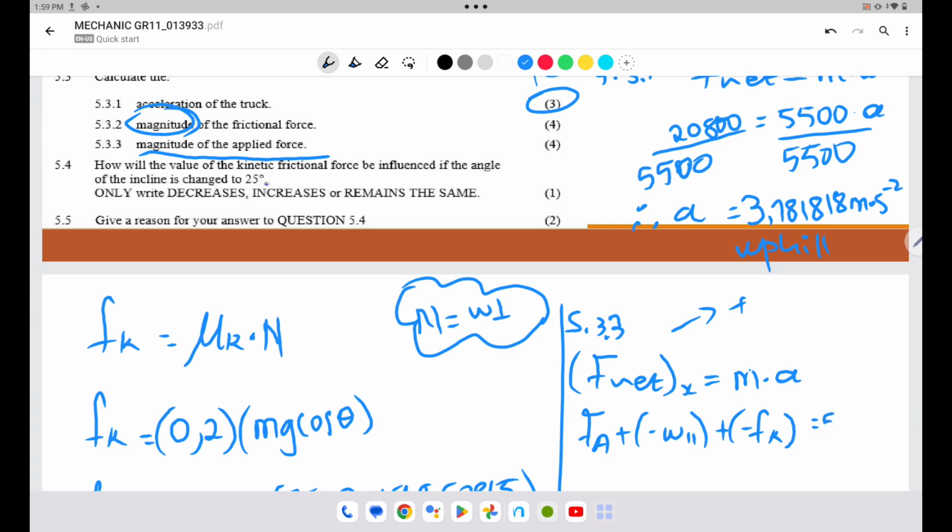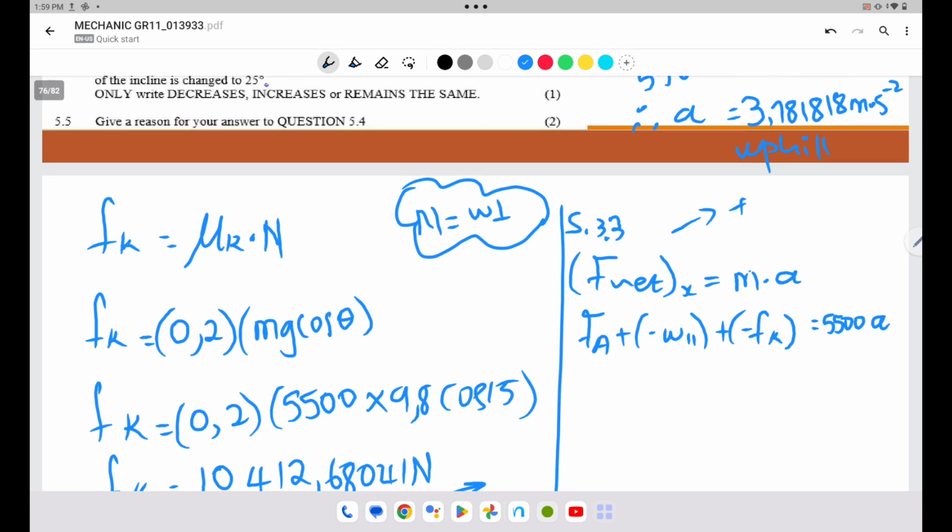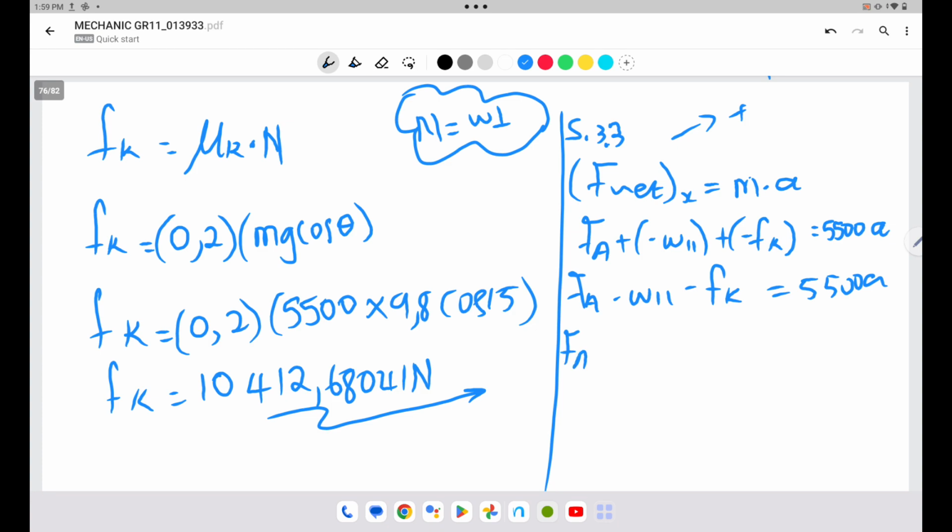This is equal to 5,500 multiplied by the acceleration. Okay. So I don't know how much force applied is, so I'm just going to rewrite this as Fa minus the parallel component, just taking this one step at a time. Force applied is what we are looking for. Minus the parallel component, we said we can calculate that by mg sine of theta.